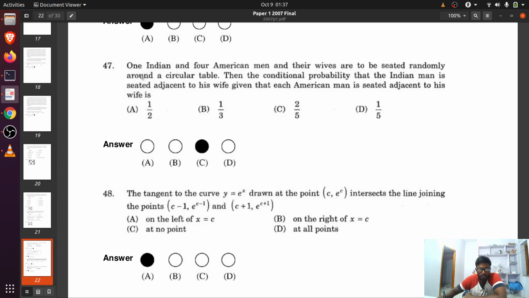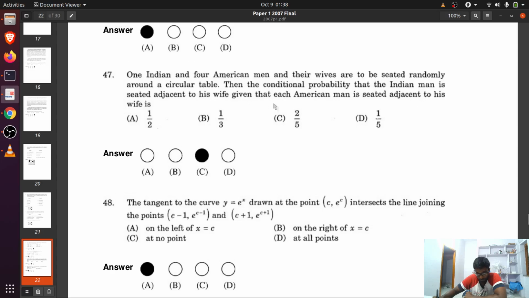Let's read the question. 1 Indian and 4 American men and their wives are seated randomly around a circular table. So there are 5 men totally, and each of them is accompanied by their wife, so there are totally 10 people. Then the conditional probability that the Indian man is seated adjacent to his wife, given that each American man is seated adjacent to his wife, is?